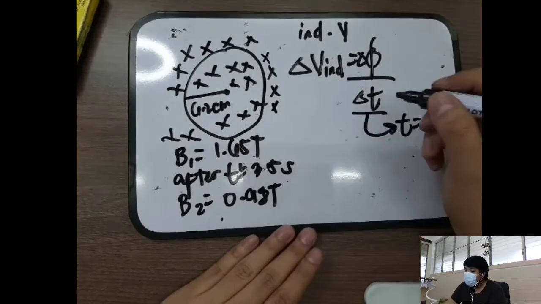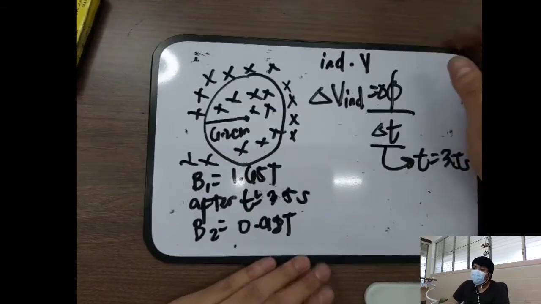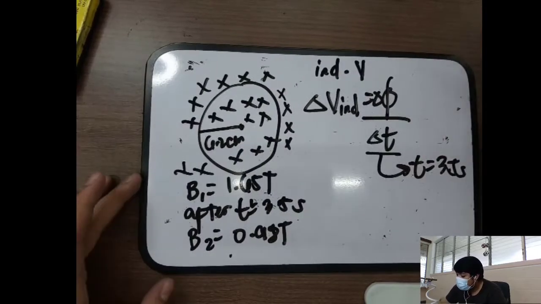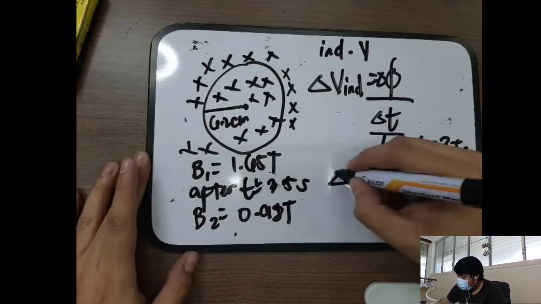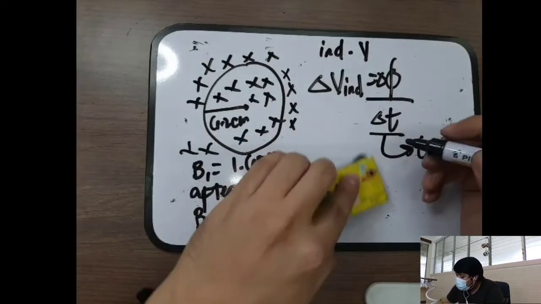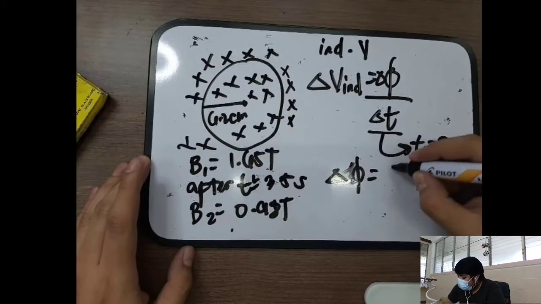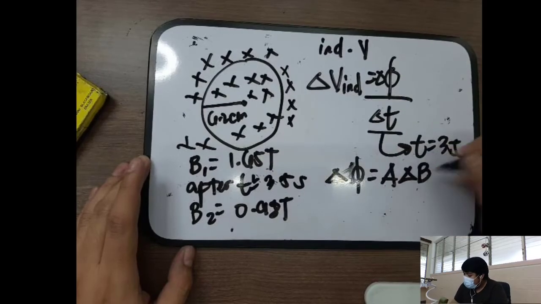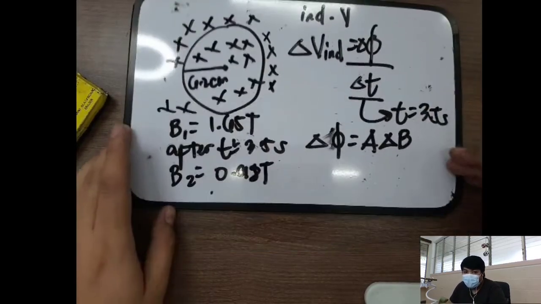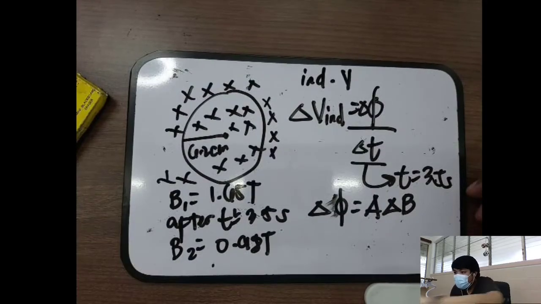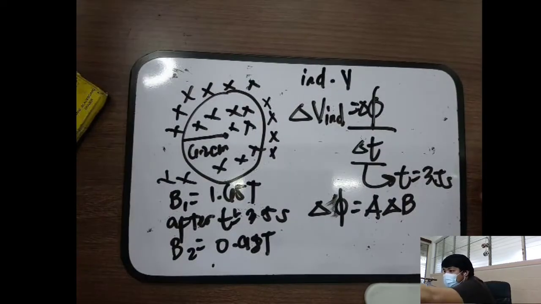Since there is no change in the area, we did not move the ring or decrease its effective area, our change in flux will be due to a change in our magnetic field. It will now look like this. Okay, I'm running out of whiteboard space again.